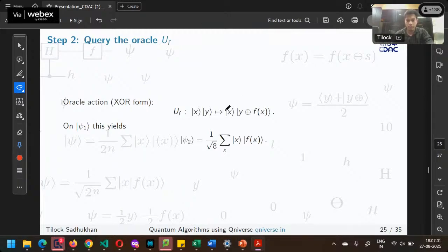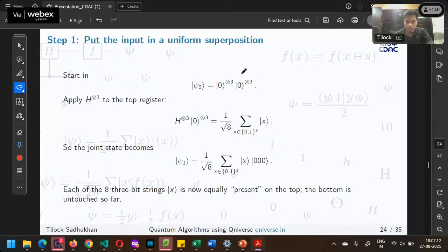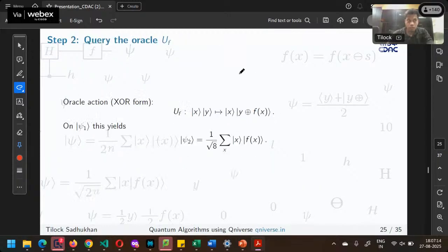The oracle is as I defined it: x and y, and the output is x, y bitwise XOR f(x). Again, my y is 0, so the bottom will always be f(x), since 0 bitwise XOR f(x) is always f(x). So after the oracle, psi2 is going to be this.